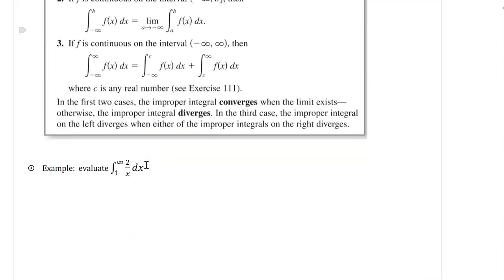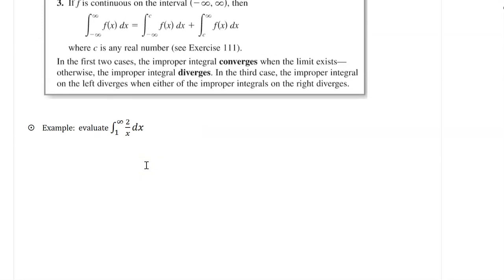Here I've got the integral from 1 to infinity of 2 over x dx, and there's no problem with 2 over 1. So I'm going to make this the limit as b approaches infinity of the integral from 1 to b of 2 over x dx. I'll start by bringing out this 2.